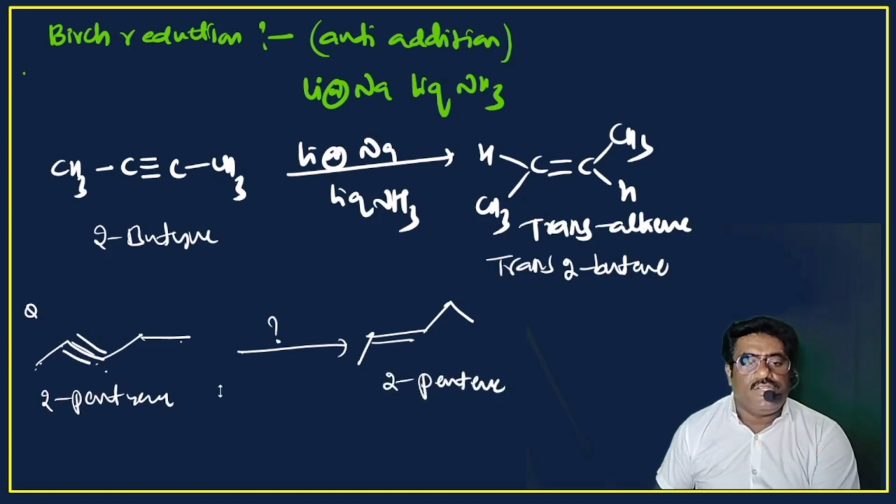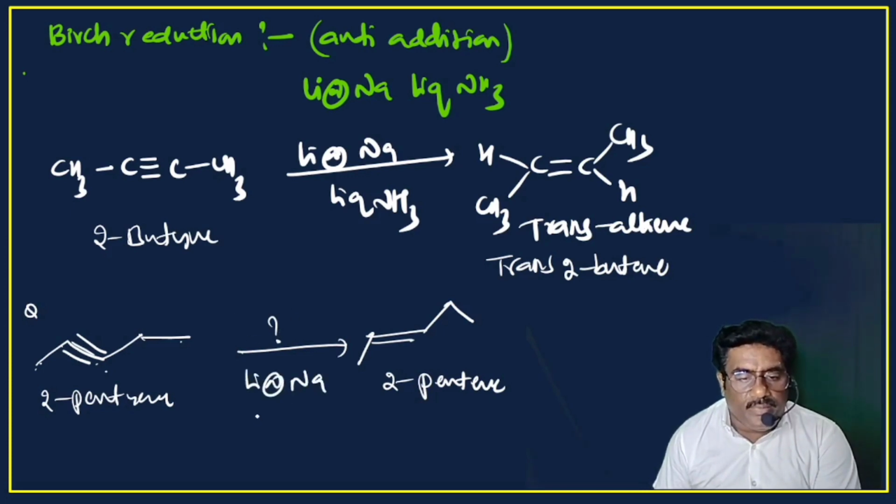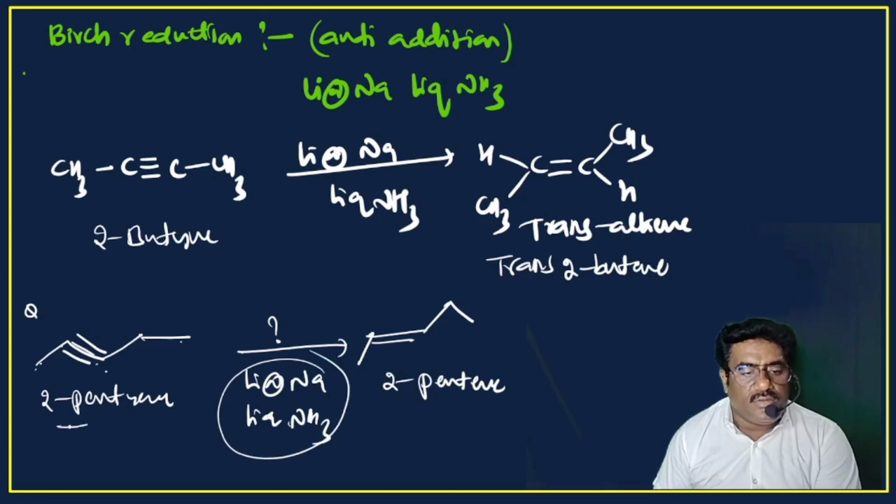What type of reagent is used for the 2-pentyne to 2-pentene? Lithium or sodium in liquid ammonia. This reagent is used for the conversion of 2-pentyne to 2-pentene. Have a look at one more example.